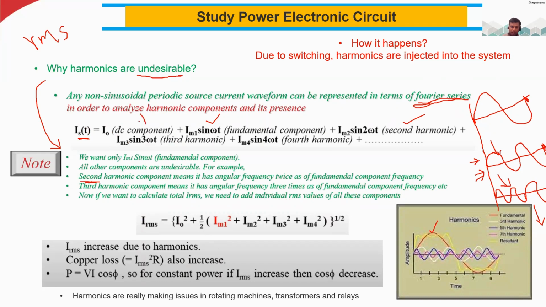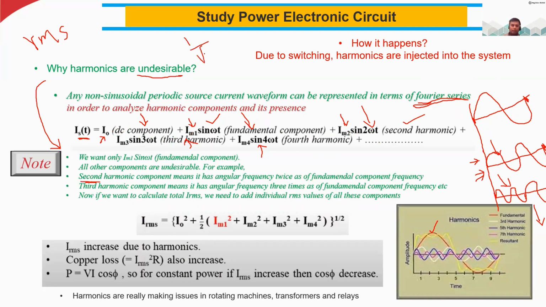This is the DC component, this is the fundamental component, this is the second order component, third order component, fourth order component, and so on. Each component has a certain RMS value. Here, this is the RMS value I0. Here, this is the RMS value Im1. Here, this is the RMS value Im2. RMS means you have to take 1 by square root of 2.